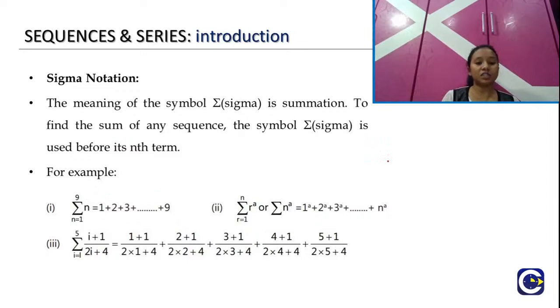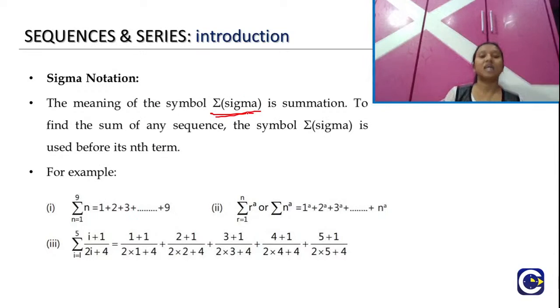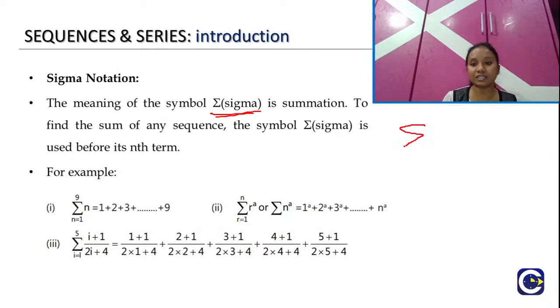So for example here we have sum of first n natural numbers, or else sum of first 10 natural numbers or 9 natural numbers. So here in this example you can see, I already mentioned sigma is the symbol which indicates the summation, right? And here if we have the sum of terms 1 plus 2 plus until 9, instead of writing all this, we can write this as sigma, which means it is the sum, right?